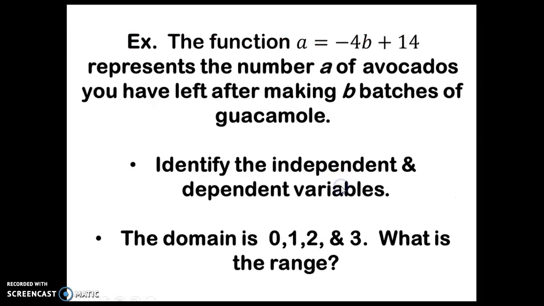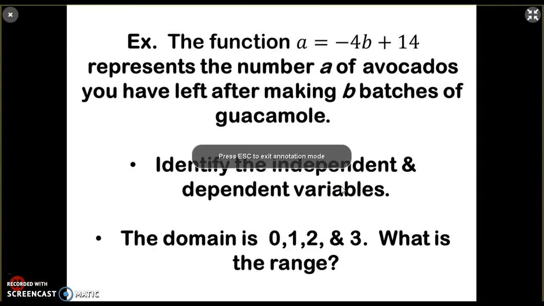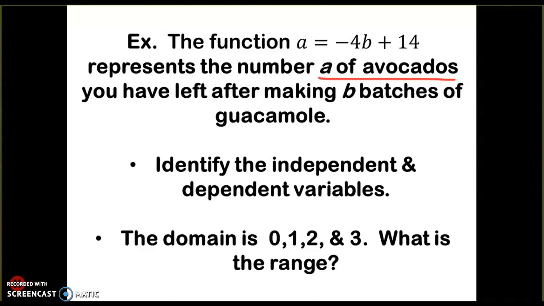So here's our first example. We're talking about the function a equals negative 4b plus 14, and this represents the number of avocados. So a is the number of avocados that we have left after making b batches of guacamole. So I have to think about what can stand alone. What is my independent variable and what depends on the other one?